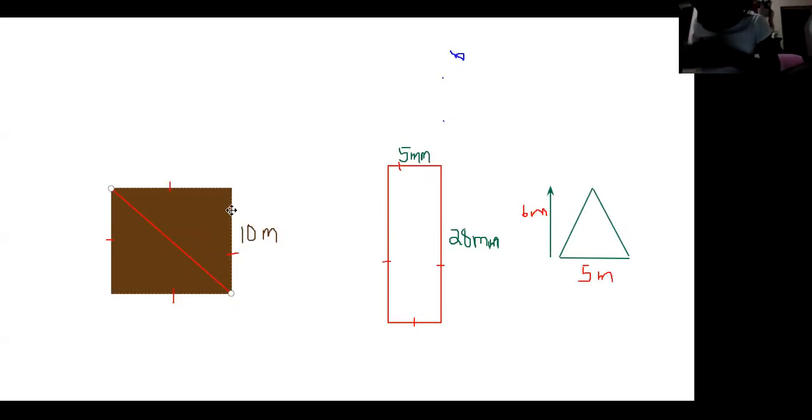And if you saw the first one we did a while ago, you'll realize that half of the area of this square would be the area of the triangle. And this would be the height of the triangle, and this would be the base of the triangle. You see?